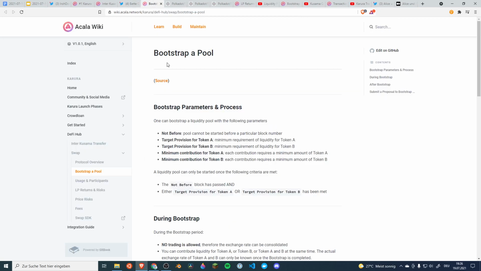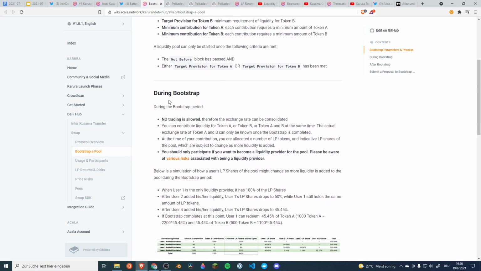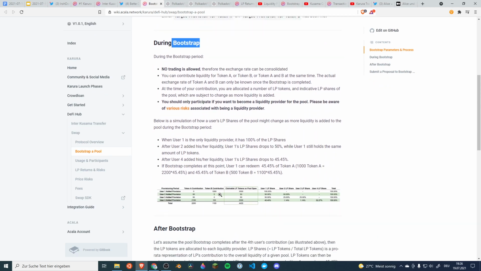So we go into the details of what is actually going to happen during the bootstrapping, because it's not just that the pool will be enabled from one second to the other, but there is a bootstrapping phase. During the bootstrapping phase, everyone can contribute to the initial liquidity of the pool.